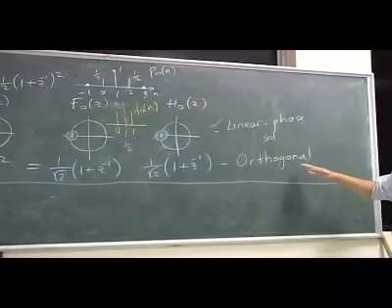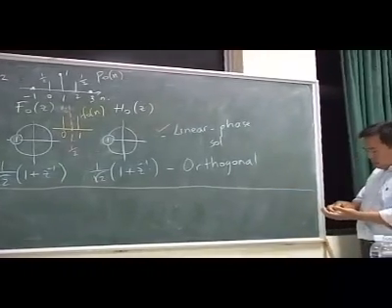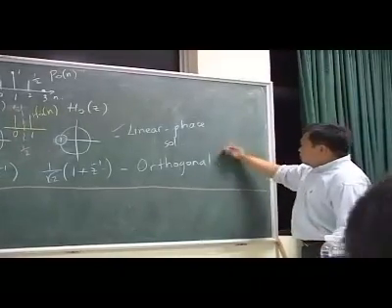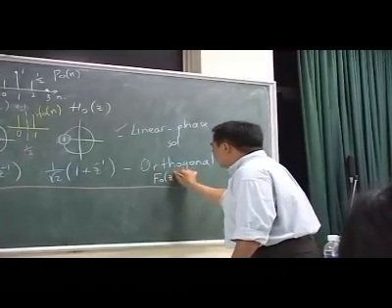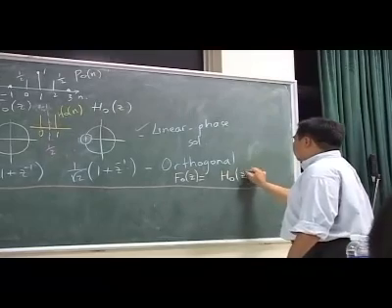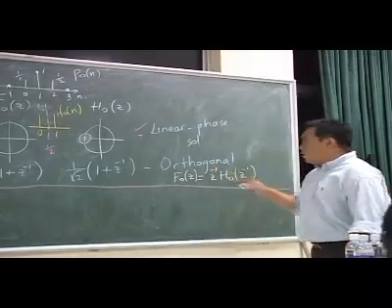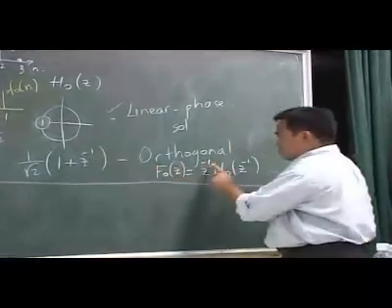To recognize orthogonal, what you have to show is whether f naught of z is h naught of z inverse, with a delay added. For this case, the order is only 1, so this is z to the minus 1.